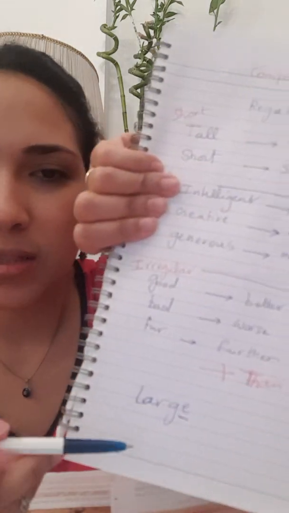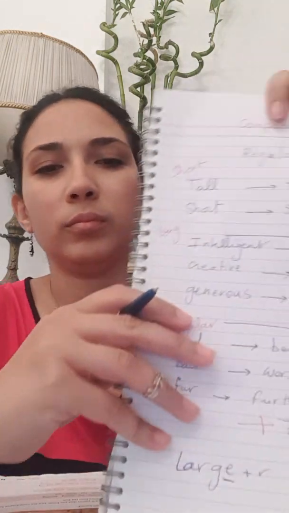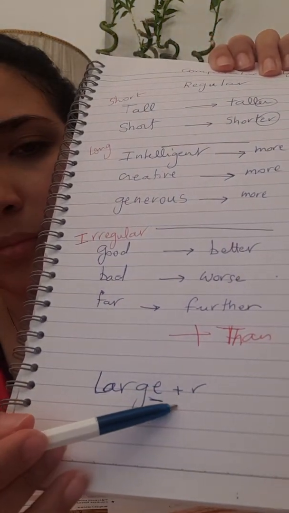Large is written already with an e at the end, right? So I only add r, plus the r, okay? That's an r. All right, so it becomes larger.